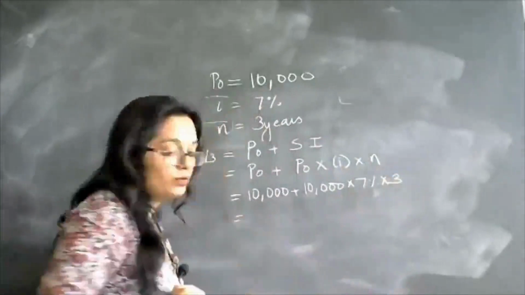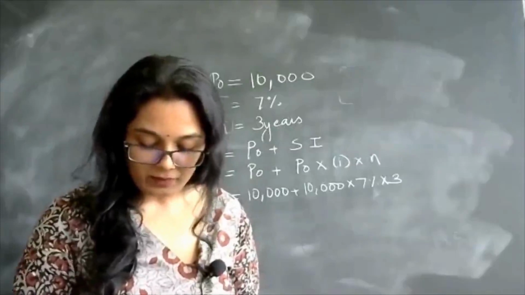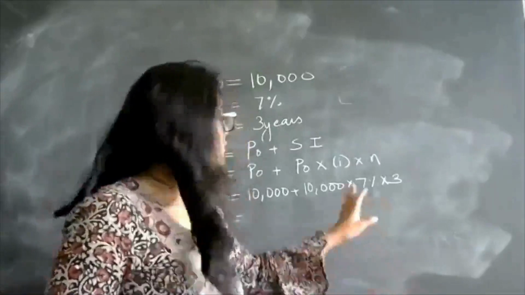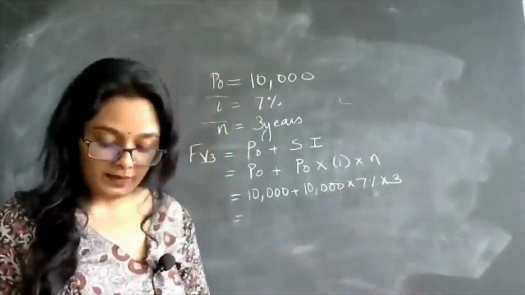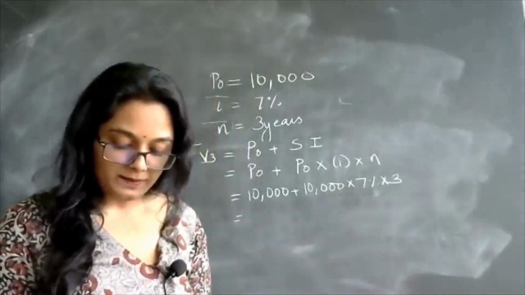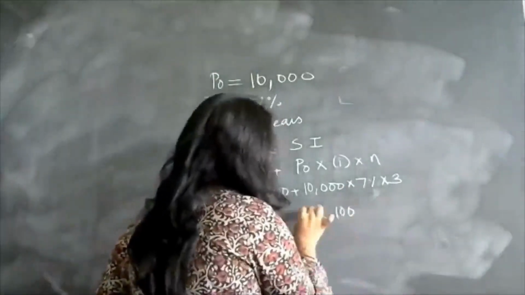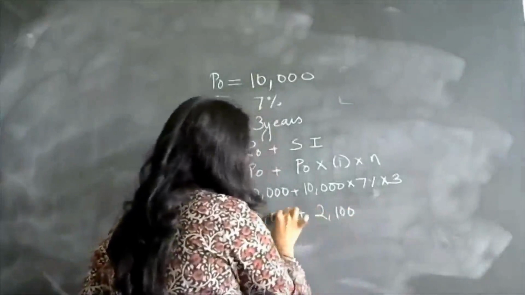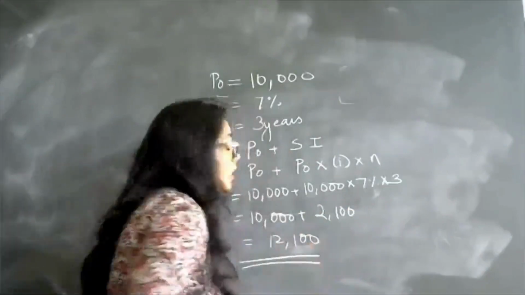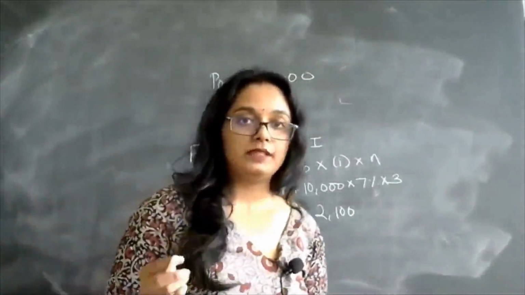So what is going to be the total amount over here? First tell me how much the interest amount will be. It will be 10,000 multiplied by 7% multiplied by 3 years. It is going to be 2100 plus this 10,000. So total it is going to be 12,100. So this is your future value. Clear?